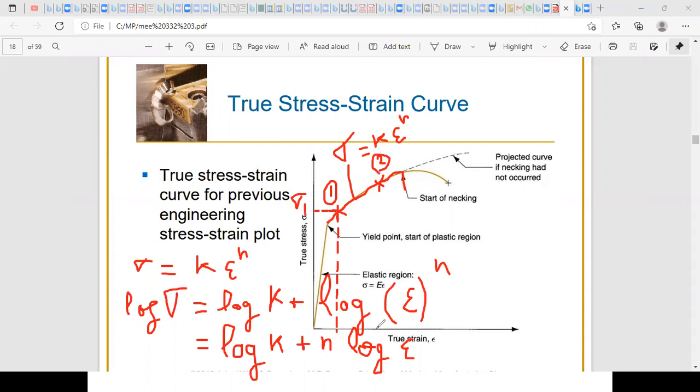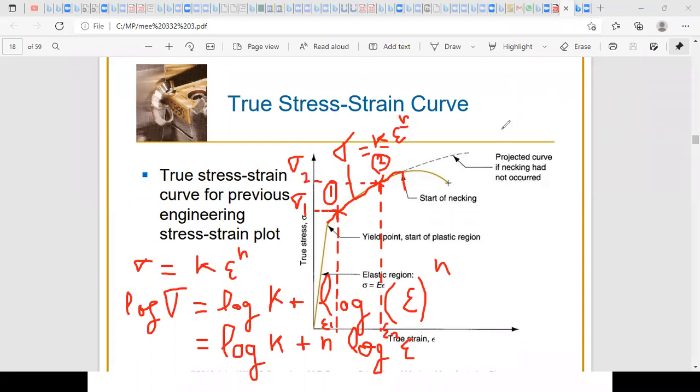So you have sigma 1, epsilon 1, and sigma 2, epsilon 2. So now you have just two unknowns, k and n.